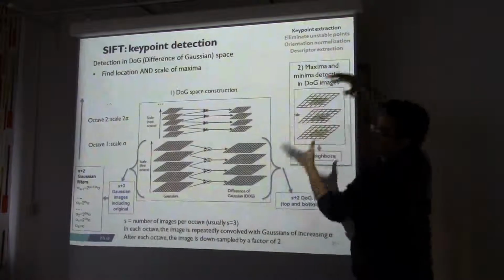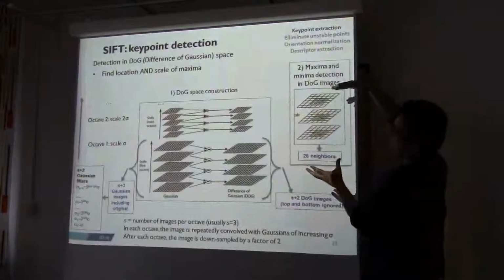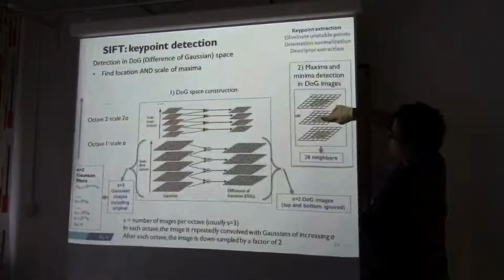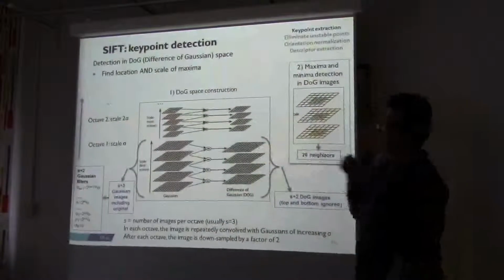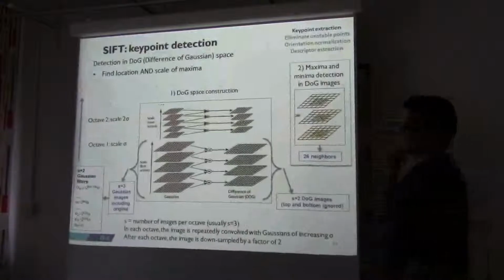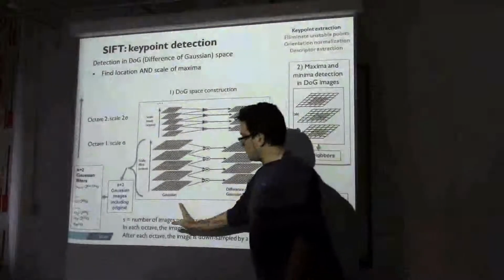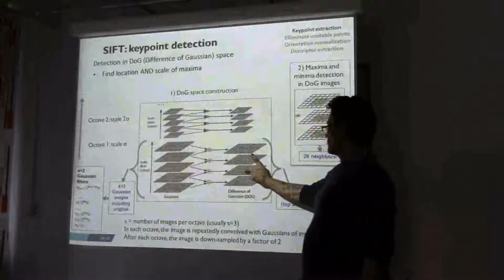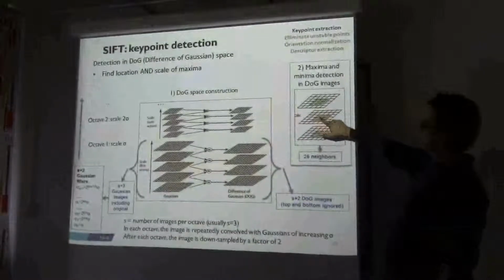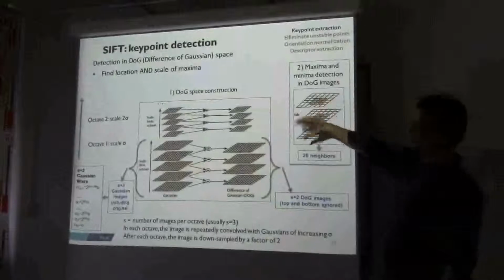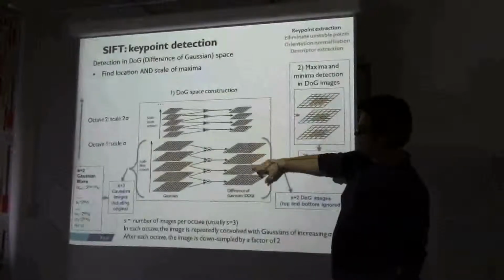You have a 3D neighborhood around each pixel, and then you find maxima or minima. You get the idea? Gaussian, different sigma, then difference of Gaussian, then maxima or minima detection in the 3D neighborhood, represented by these images here.